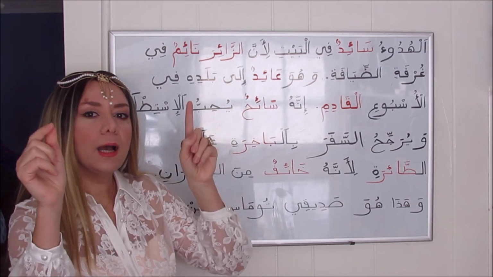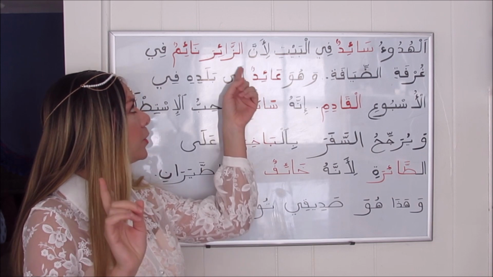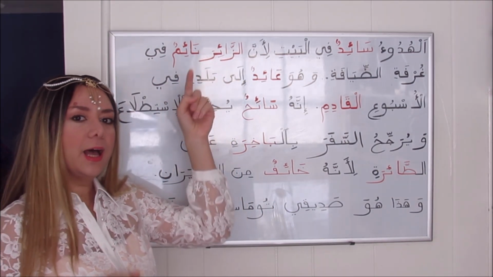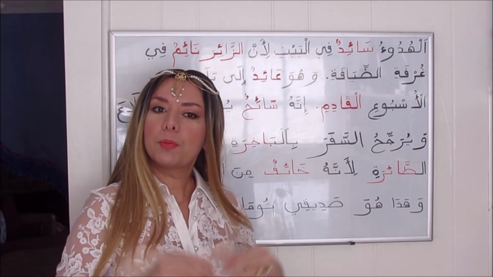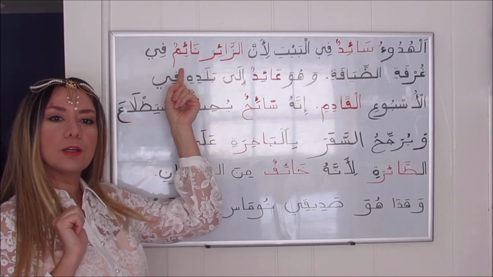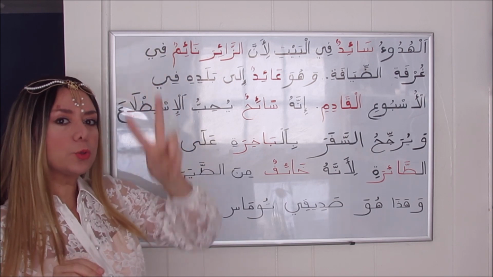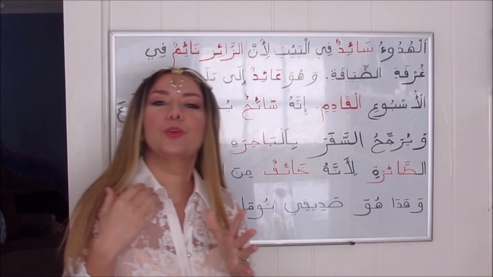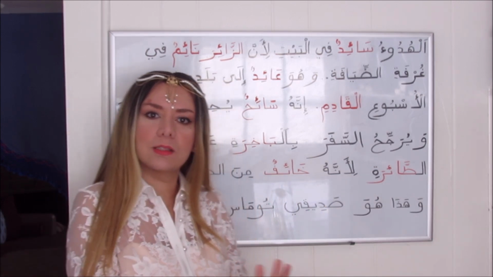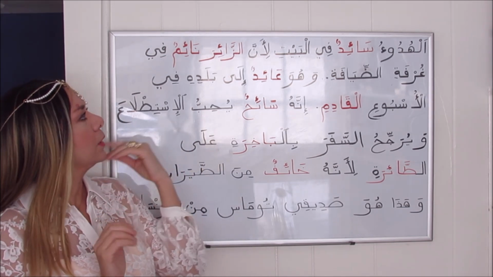So here لأن requires a subject in the accusative case, here with the sign of fatha, and a predicate in the nominative case with the sign of Dhamma or two Dhammas. Sometimes the grammatical case is implicit, sometimes it is explicit. So here the signs are explicit.